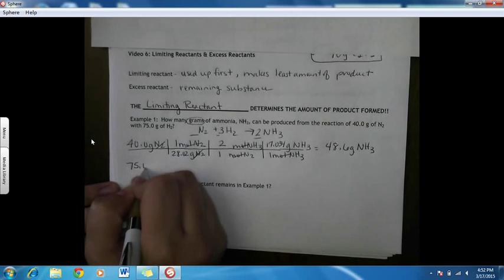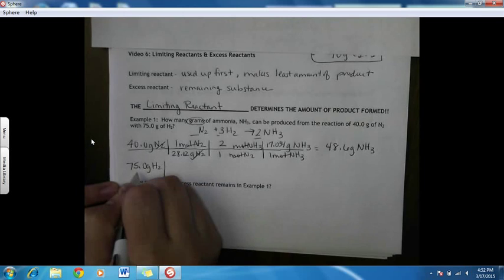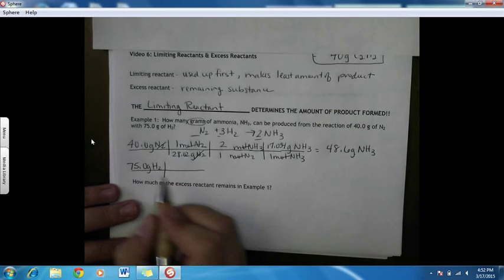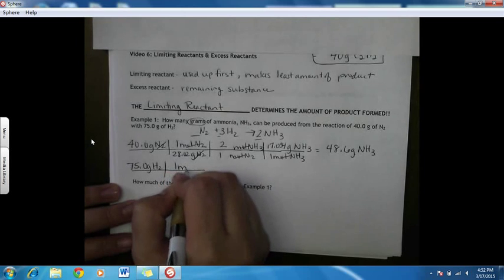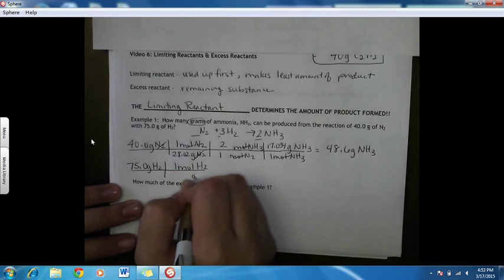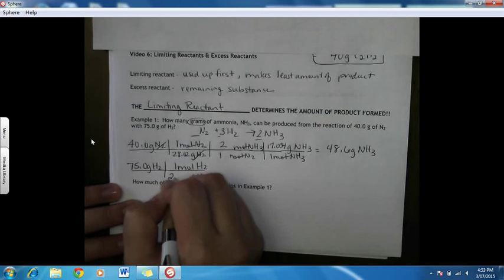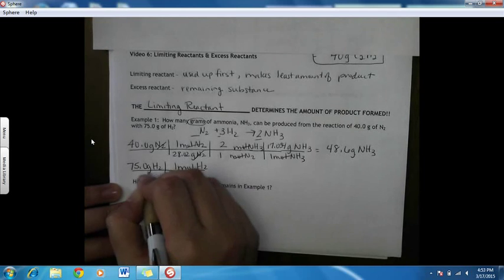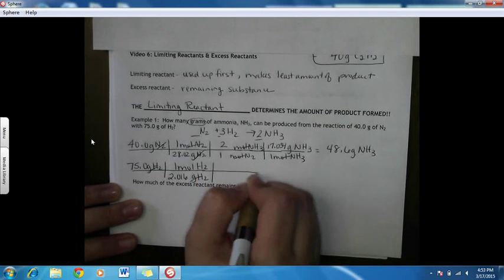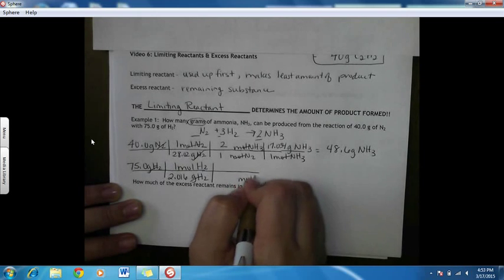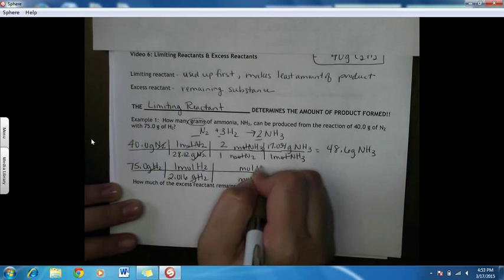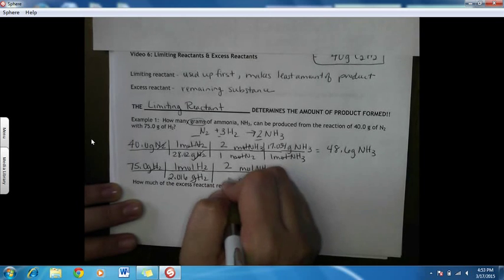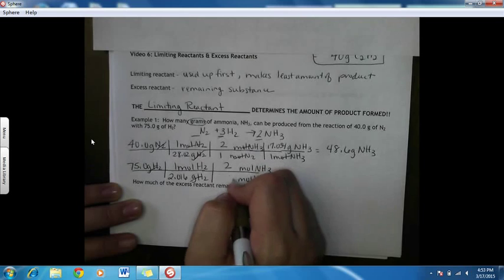We have 75 grams of hydrogen. What can we make? So we're going to change our mass of hydrogen to moles. So 1 mole of hydrogen has what mass? Right, 2.016. Alright. Then our moles of hydrogen will go on the bottom, the moles of what we want, which is ammonia, on the top, and so 2 to 3 this time.